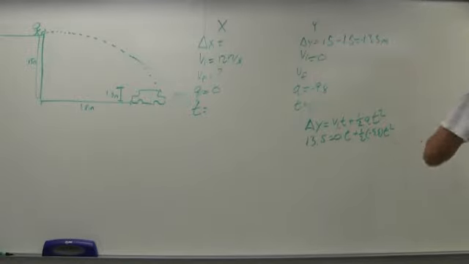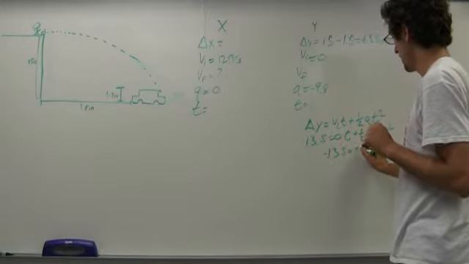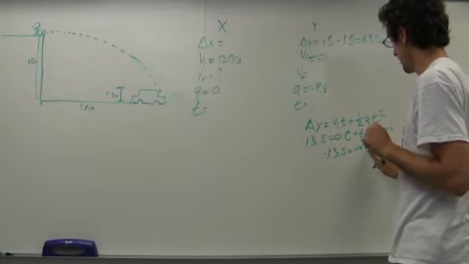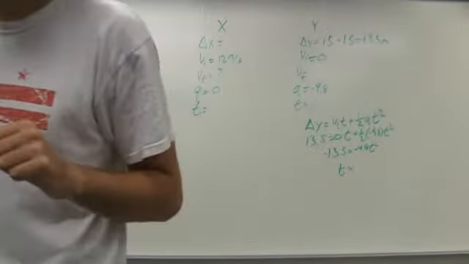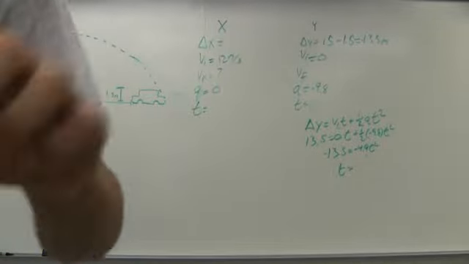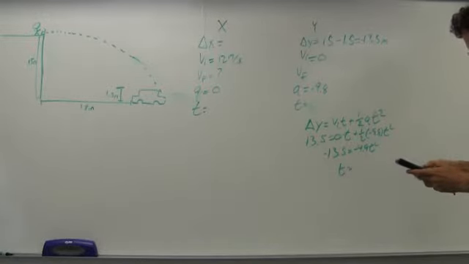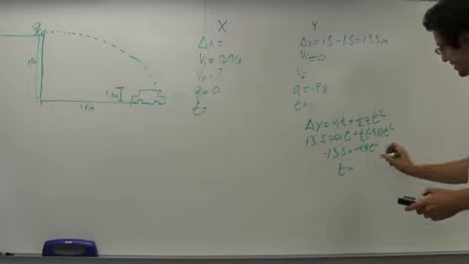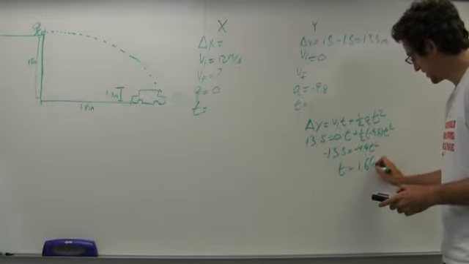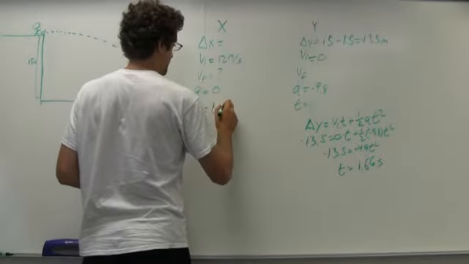With that, we end up getting negative 13.5 equals negative 4.9 t squared. Then t equals the square root of 13.5 divided by 4.9, and we get t equals 1.66 seconds.